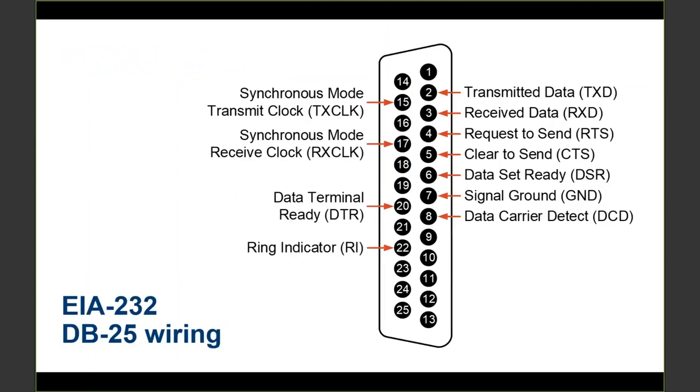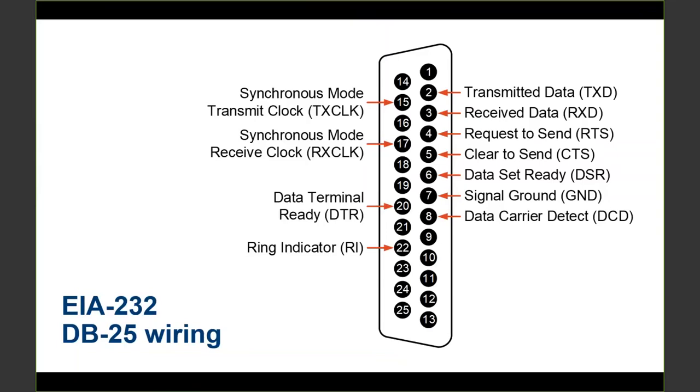You'll see that first of all, we're not using all 25 pins. It looks like we're using 2 through 8, so 7, 8, 9, 10, 11 pins we're using. Normally, you'll see the 2 pins called the synchronous mode transmit clock and synchronous mode receive clock.